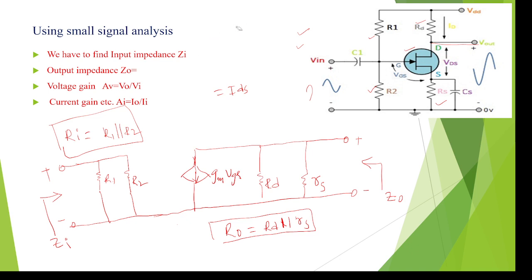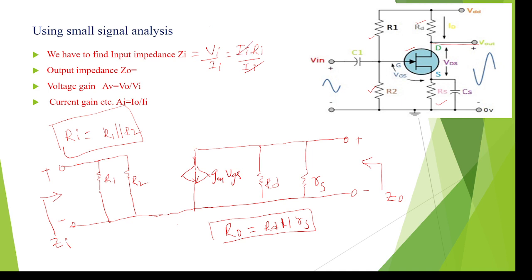What is the input impedance? We need to find the input impedance. Zi equals input voltage by input current. Input impedance equals input voltage by input current, and we can write it as Ii multiplied with resistance Ri by Ii.